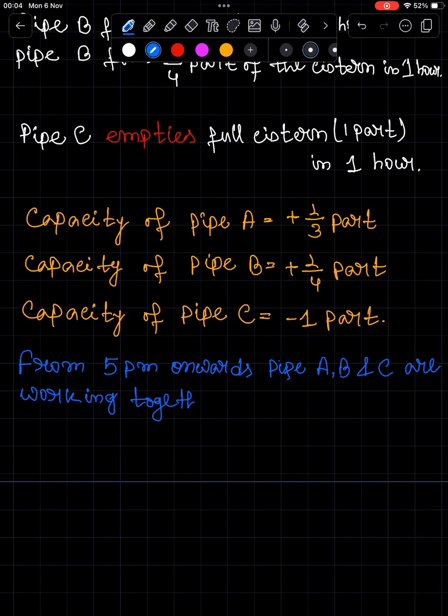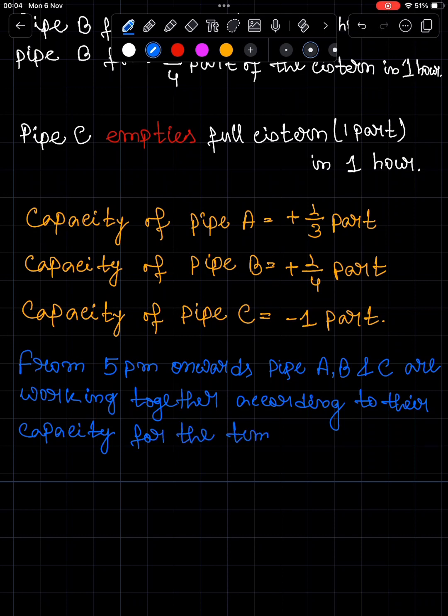From 5 p.m. onwards, A, B and C are working together. Before 5 p.m. there were only pipe A and pipe B. That means before 5 p.m. the cistern was only filled up by pipe A and B. And 5 p.m. onwards the cistern is simultaneously being filled up and also being emptied. Correct?